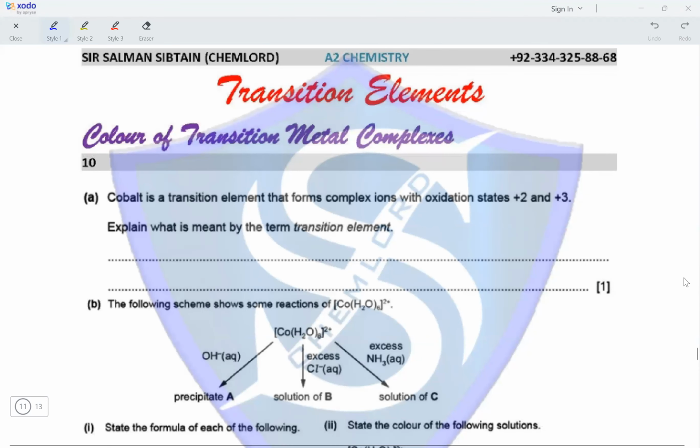Question 10. Cobalt is a transition element that forms complex ions with oxidation states +2 and +3. Explain what is meant by the term transition element.